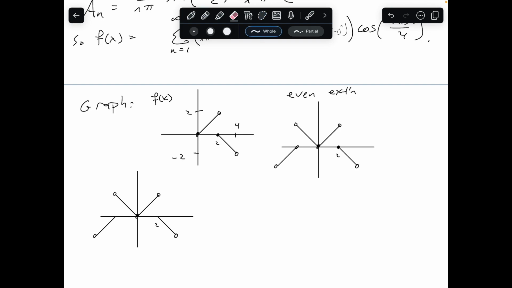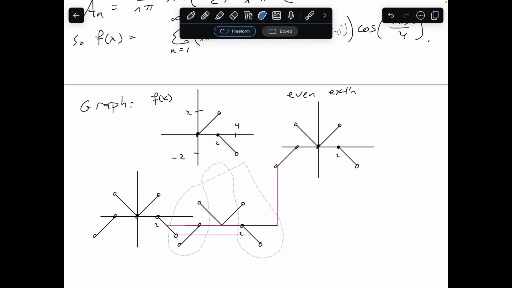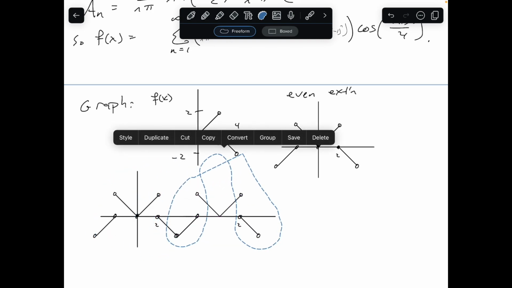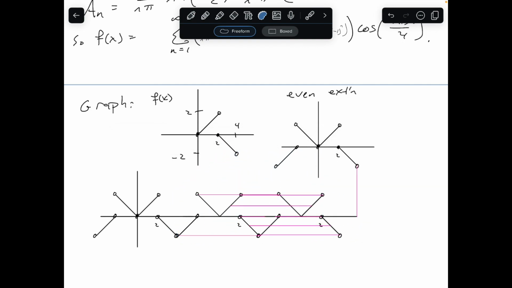Okay, I'm going to get rid of the closed holes because the values at the discontinuity points are going to be important. So let's do this. Just do it again. Okay, so these open holes are lining up, and so those are actually not going to be discontinuities.